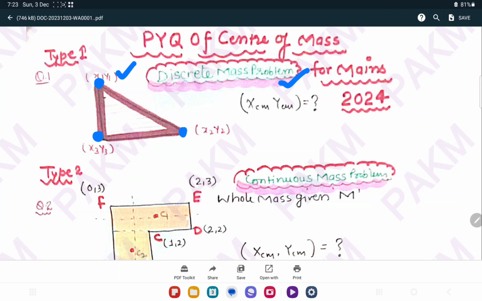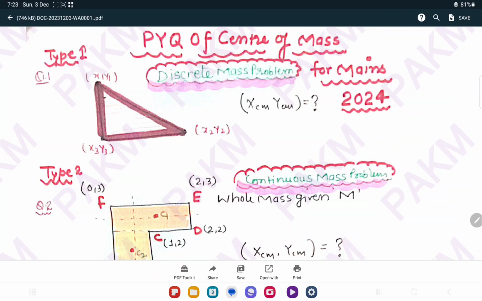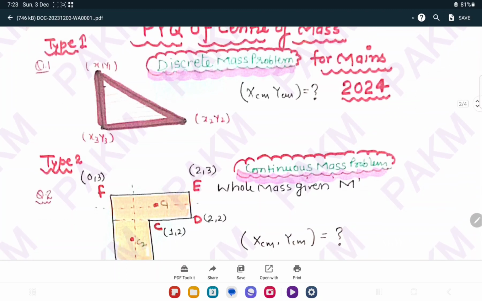You have to locate the coordinates, and once again use the formula xcm is equal to m1 x1 plus m2 x2 upon m1 plus m2 and so on. By using this formula you can get your x coordinate and y coordinate. This is a very easy question, it was already asked in JEE.